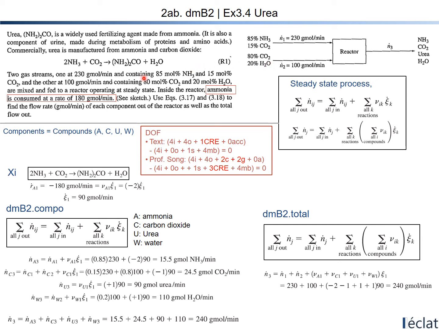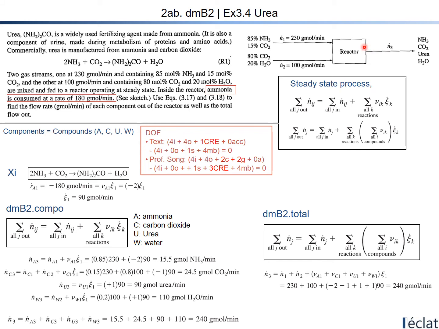And inside the reactor, ammonia is consumed at a rate of 180 gram mole per minute. So we have the reaction rate for ammonia consumption as the system performance specification. Then the question is that we should calculate the flow rate in the output for each component.